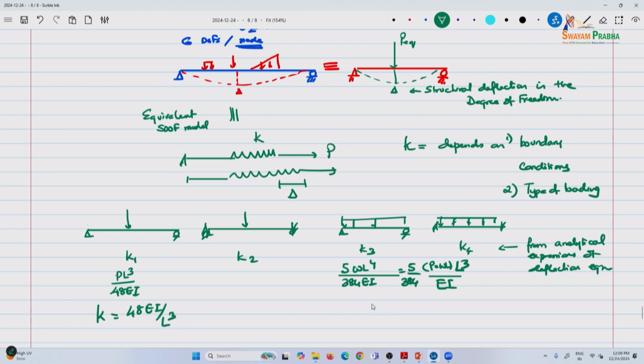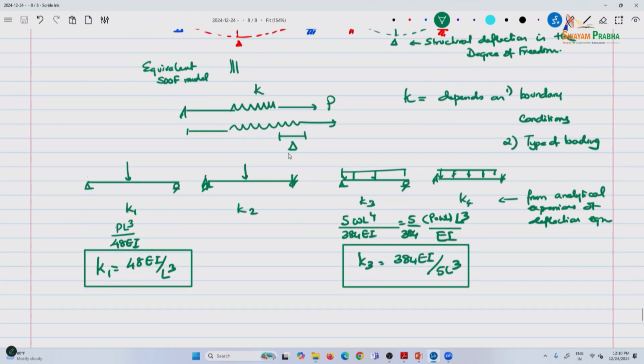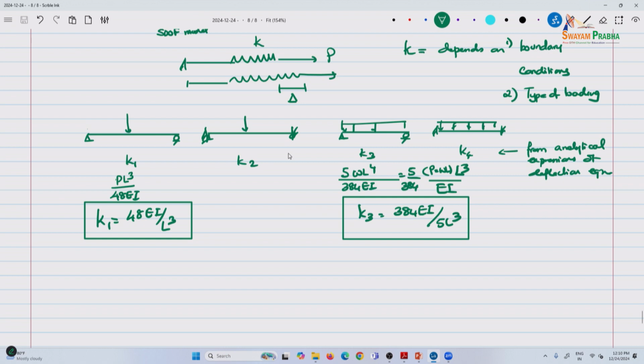So, dependent on the load, this is K1 here, K3 is 384 EI by 5 L cubed. And for other types of loadings, other types of conditions, look up your tables or wherever you go to get stiffness values. So, this is important. I mentioned the difference here because you will be applying it in some of your tutorials or some of the examples that I use. Any questions so far?